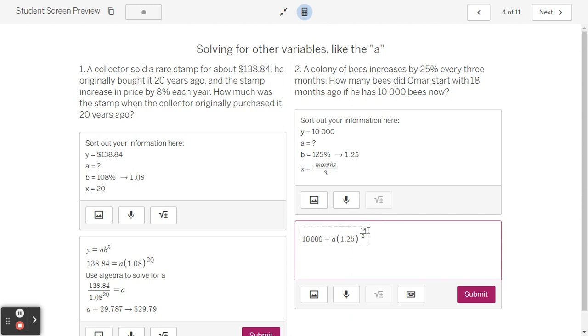We're inserting 18 into our months. So we have our equation: 10,000 is equal to a times 1.25 to the power of 18 over 3, which we simplify to 6. So 10,000 divided by 1.25 to the power of 18 over 3 is all equal to a.